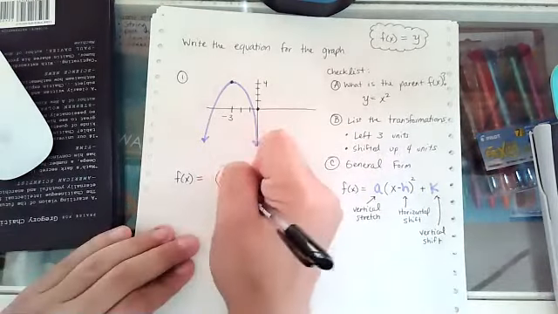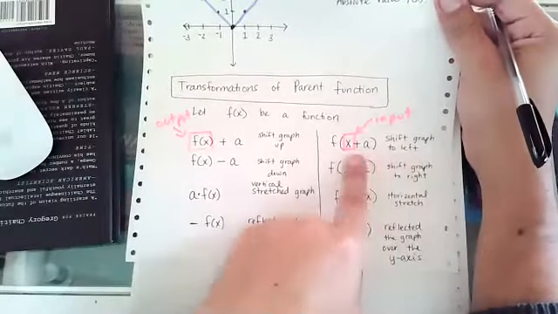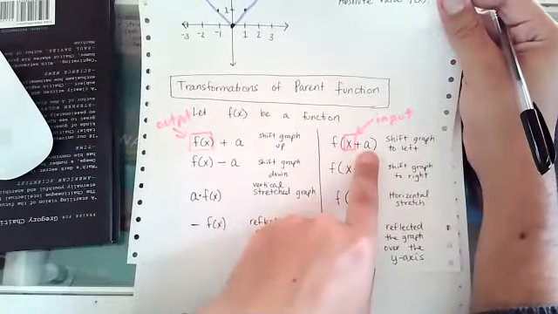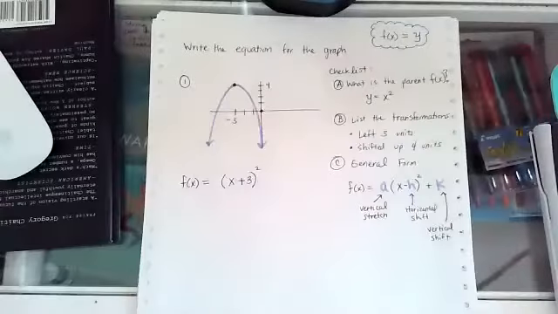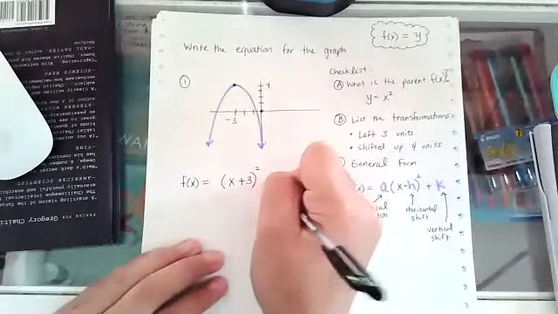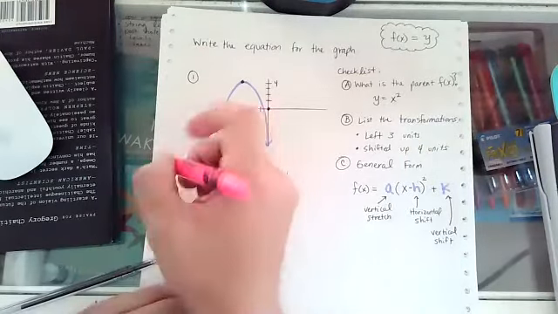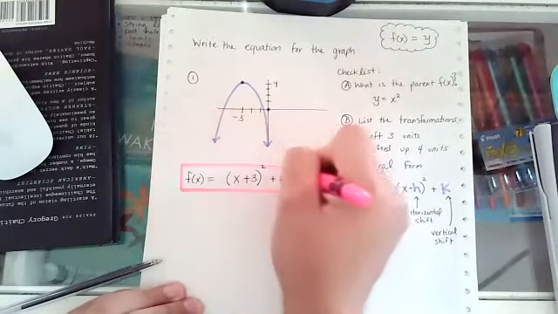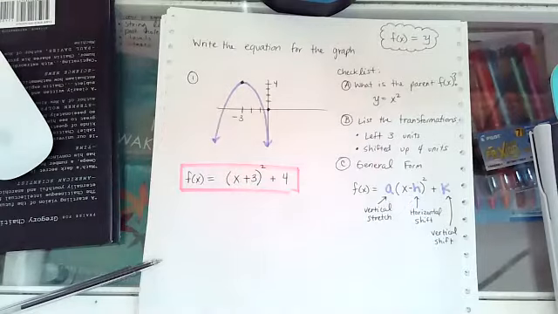And remember, to the left means that we're adding a number to the input. Shifting up 4 units means that we're adding a number to the outside, or to the output. So this is the equation for our graph.